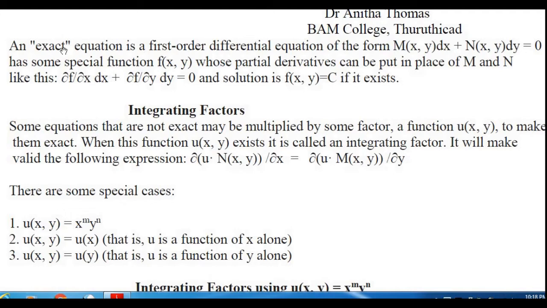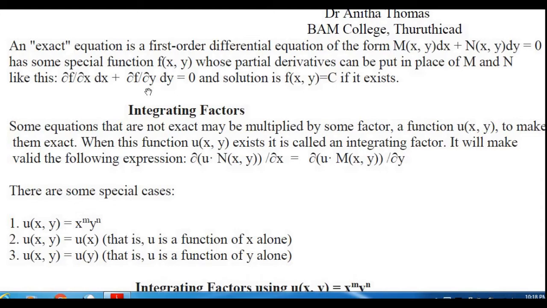I am going to discuss some differential equations of the form M(x,y) dx + N(x,y) dy = 0, which are plainly not exact. But we can find some suitable functions known as integrating factors.